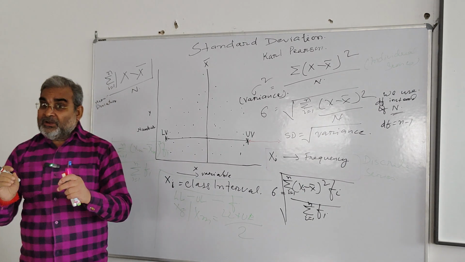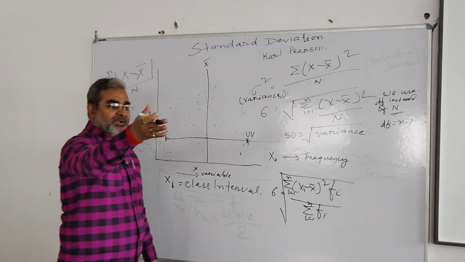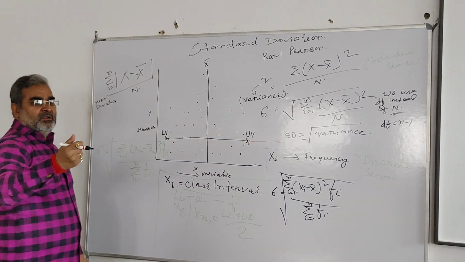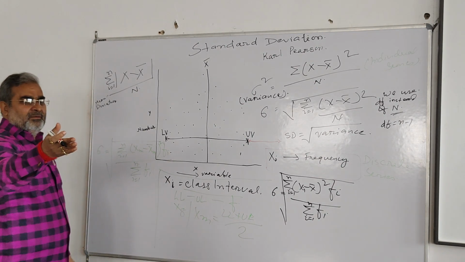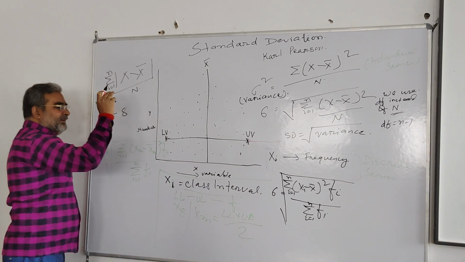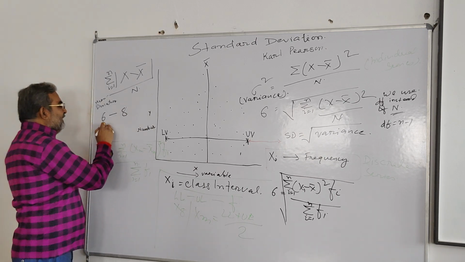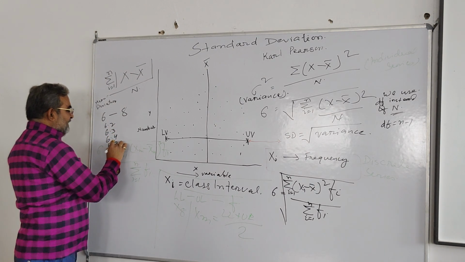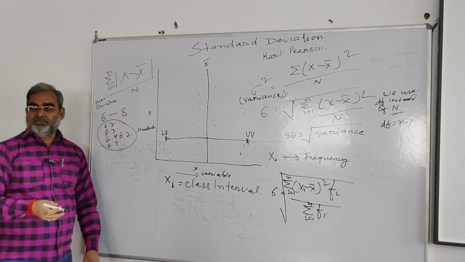For example, suppose here 6 to 8 is a class. And the values are 6.2, 6.3, 6.4, 6.3, 6.2 for Aparajita.